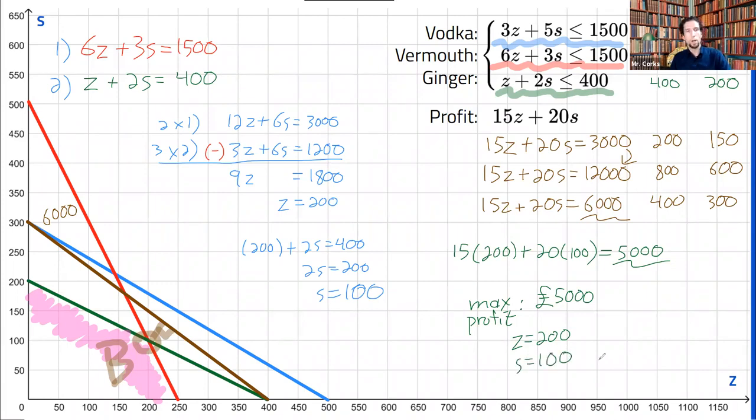So there's the max profit, and there's exactly how to get it. Okay, so we did it. These take a while. That was 30 minutes. You guys were answering quickly, so we went through it quickly. But linear programming is not fast. So that is our solution in this scenario.